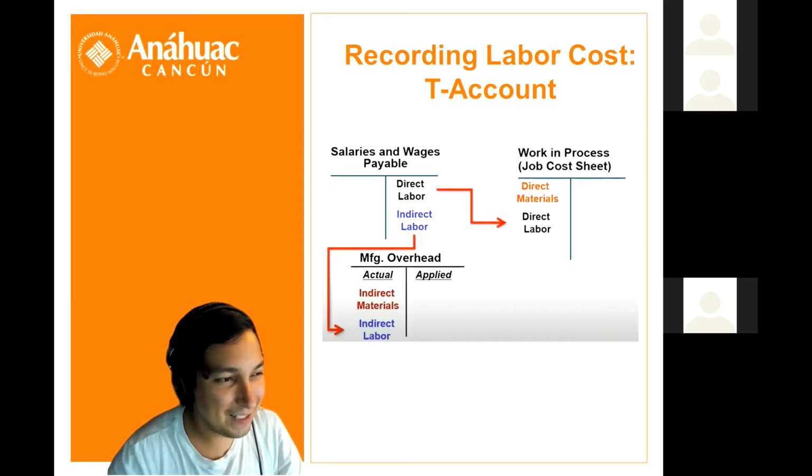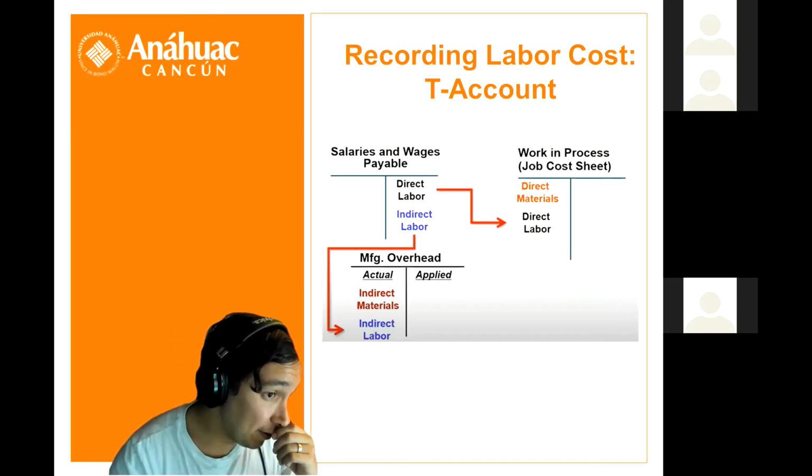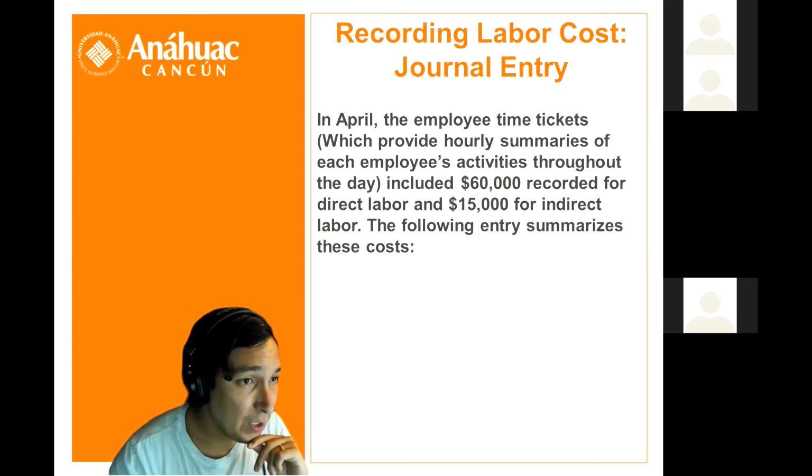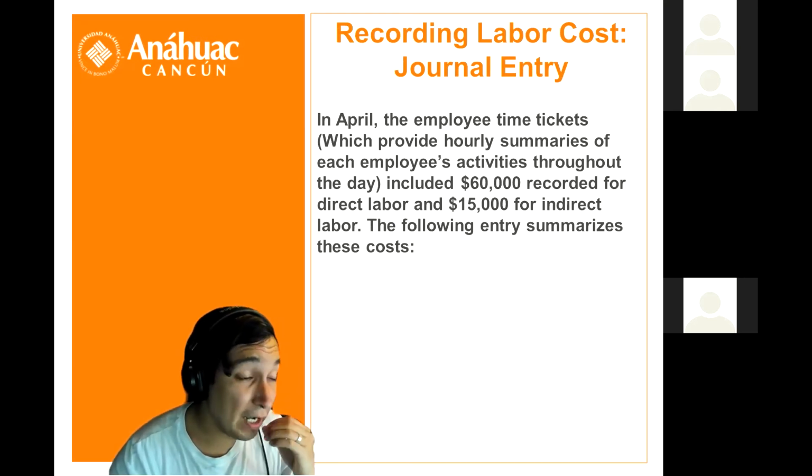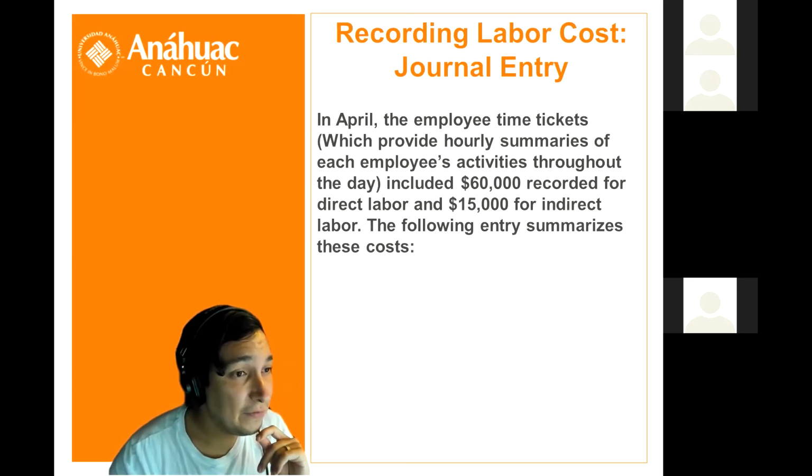The nature of accounts, guys. Liabilities go on the credit side. And then what do we debit? And how much? Okay, we credit salaries and wages payable for 75,000. How do you balance out your entry? What will you debit?